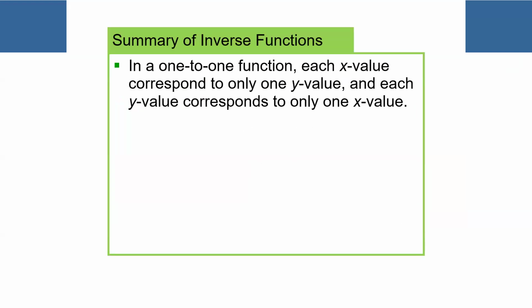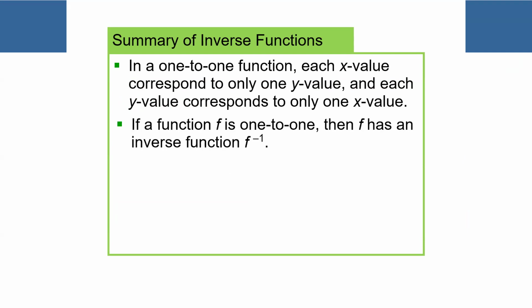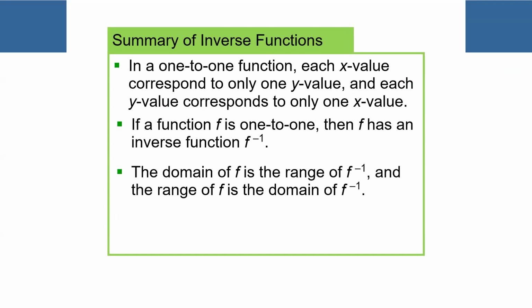All right, so making sure we're good with inverse functions. One-to-one, each x value corresponds to only one y value, and each y value corresponds to only one x value. No repeating x's, no repeating y's, right? When we write it using f to the -1, that only happens if the original function is one-to-one.